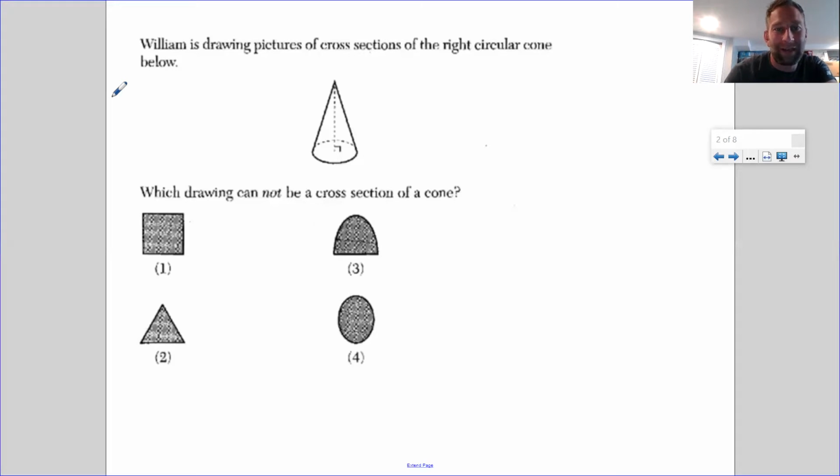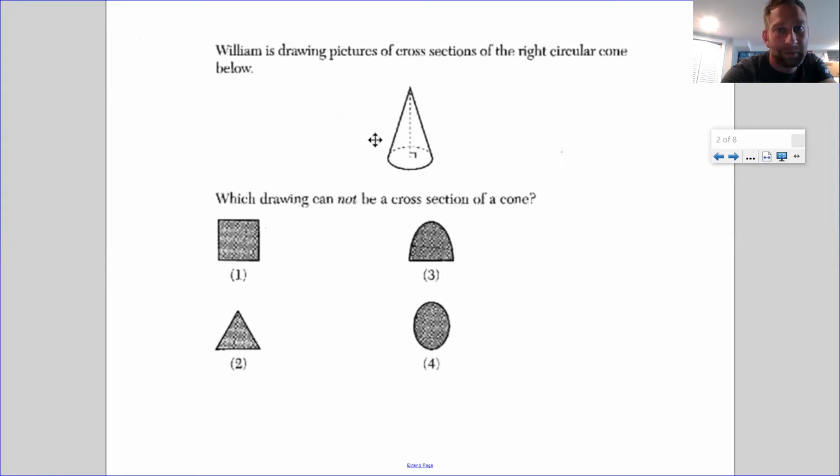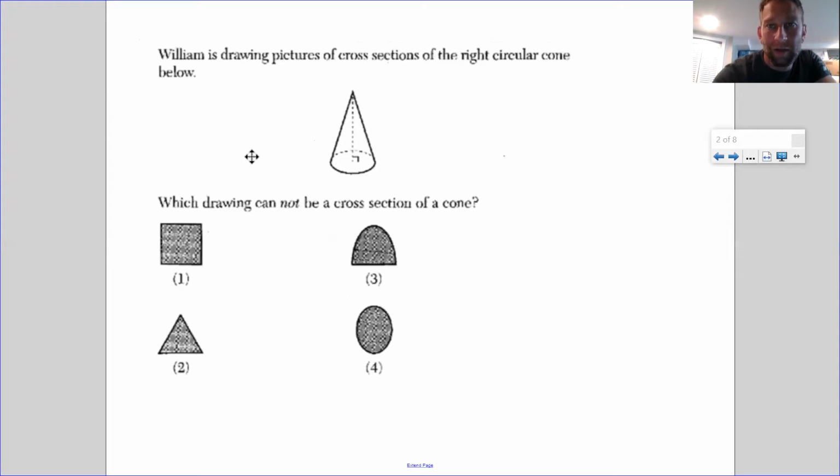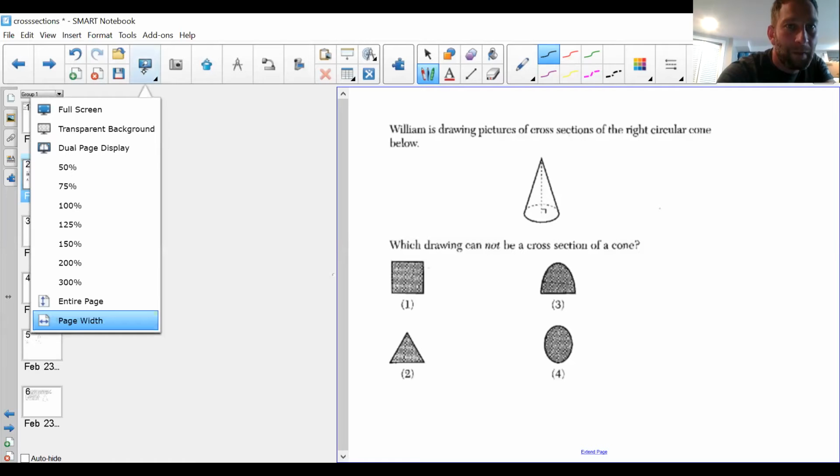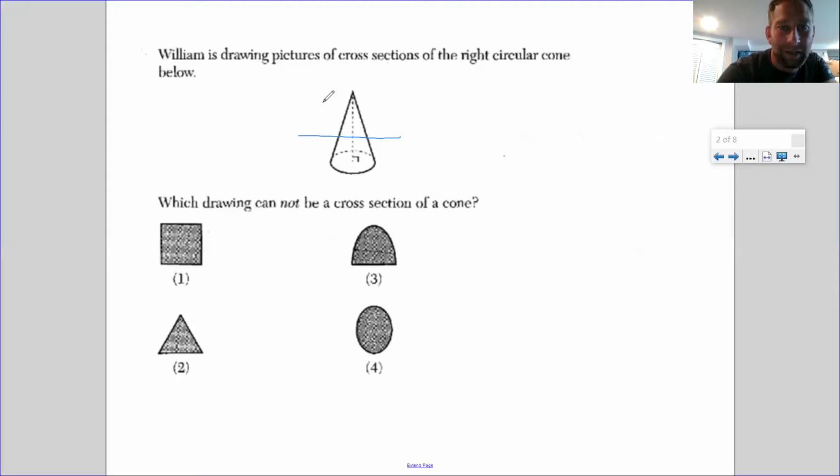Well, if I slice it horizontally, it's going to be a circle, which I don't see here.